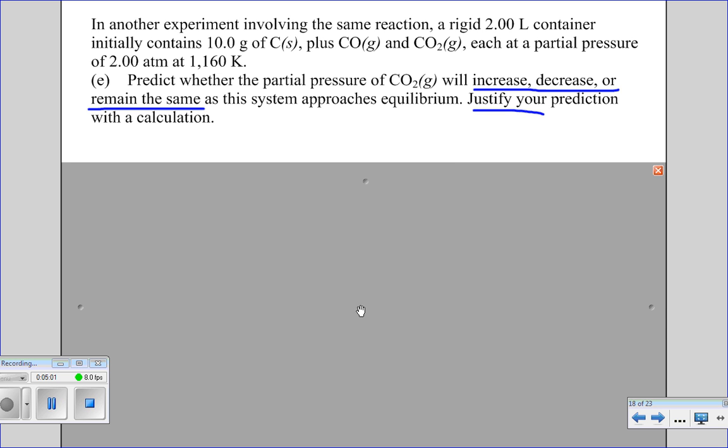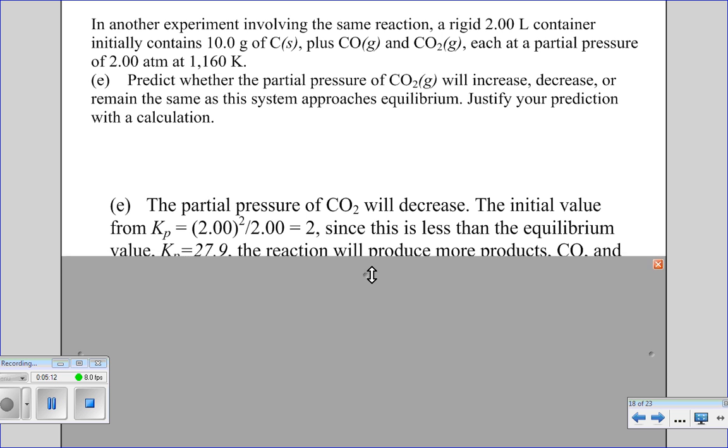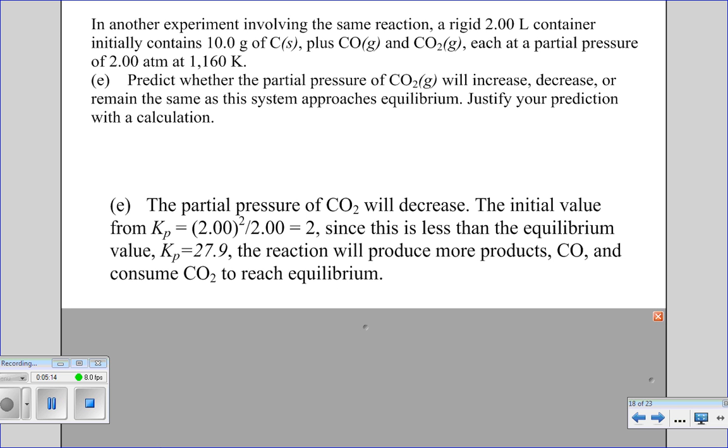So we have that answering pattern again: you have to pick one of those and then justify. When we think about it, we can come up with this: the partial pressure will decrease. So carbon dioxide will be less at equilibrium than it is at the beginning.